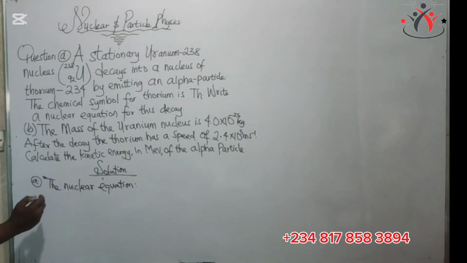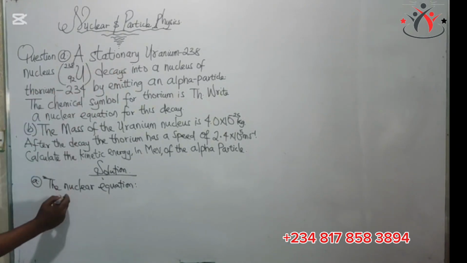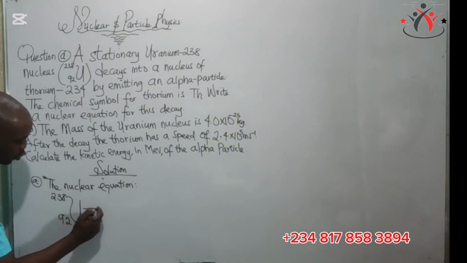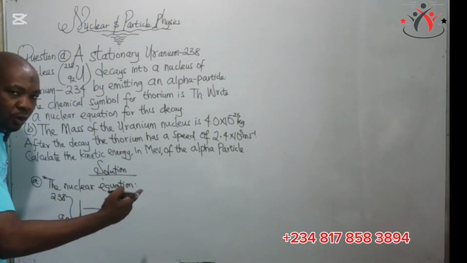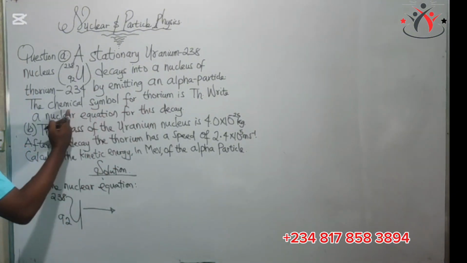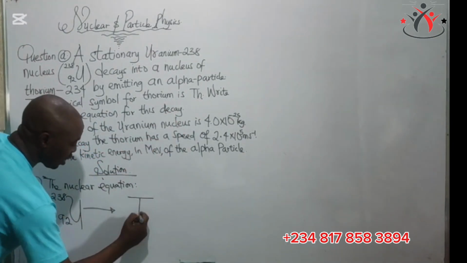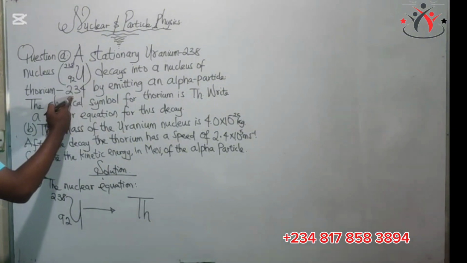We have a stationary uranium-238 which decays. This is the atomic mass of uranium, and then we have its atomic number. When the uranium decays, it decays into a nucleus of thorium, and we are given that the chemical symbol for thorium is Th. So we have the thorium, and the atomic mass of thorium is 234.